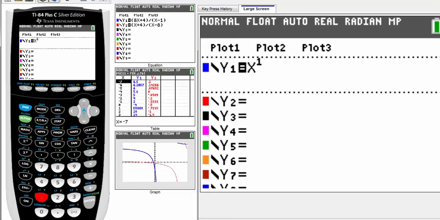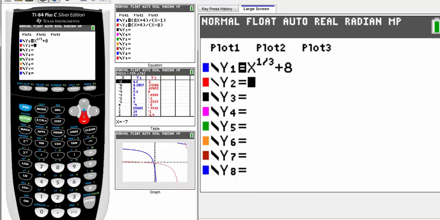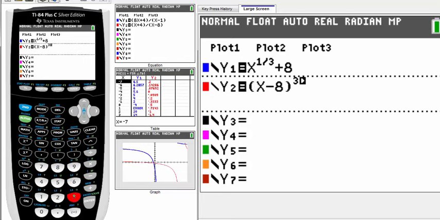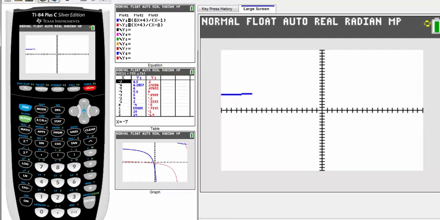And make sure you have your exponent in parentheses if you don't have your exponent key. And that's plus 8. And then my other function that we just found for my inverse was x minus 8, which has to be in parentheses, to the 3rd power. So let's go ahead and graph these and see what it looks like. We might have to change our scale, but we should be able to get a pretty good picture.